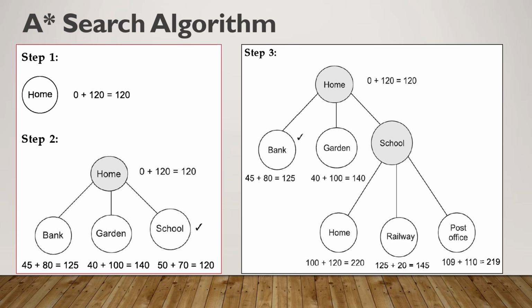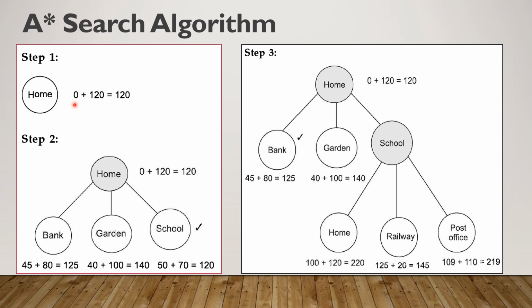First, the initial state or initial location is home. From the home, what is the f of n value? F of n value is equal to 0. Always at the starting point, the path cost value, that is g of n value, is equal to 0. At the end node or goal node, h of n value is always equal to 0.